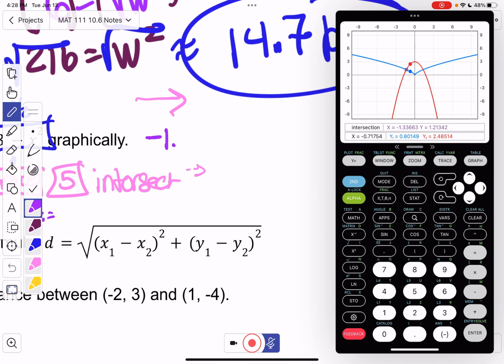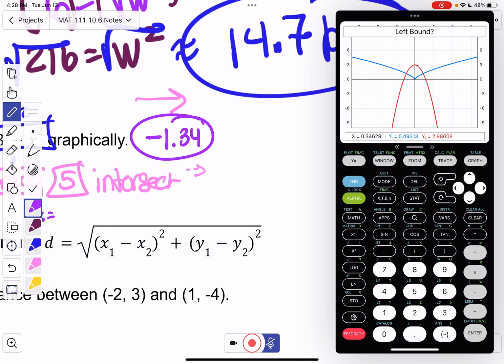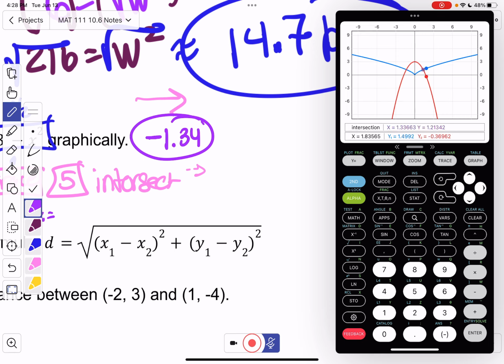We have negative 1.34. Now we would do the same thing for the other point. Second, trace 5. We want to go left of that intersection, right of that intersection. You would have to hit it again on a regular calculator to guess. And then here we have positive 1.34. So those would be our solutions, right where those two things cross on the calculator.